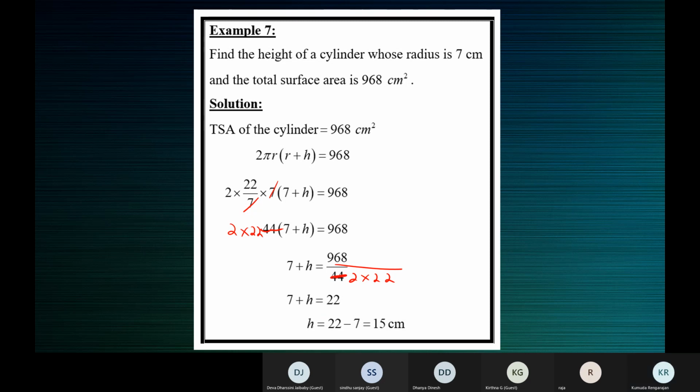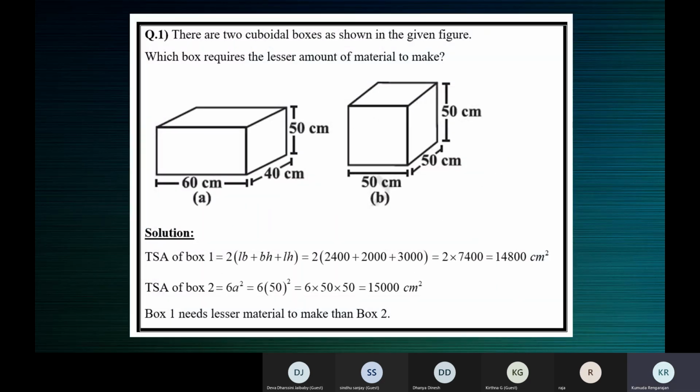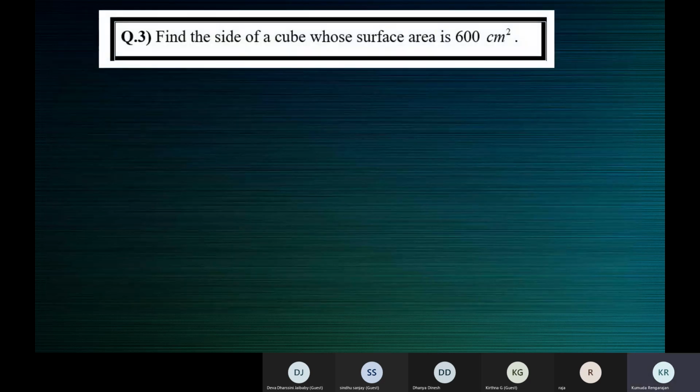Is it over? Complete, children? Yes, ma'am. Okay. All right, children. Now take a screenshot of this one. Please finish this as homework. Do this one, children.